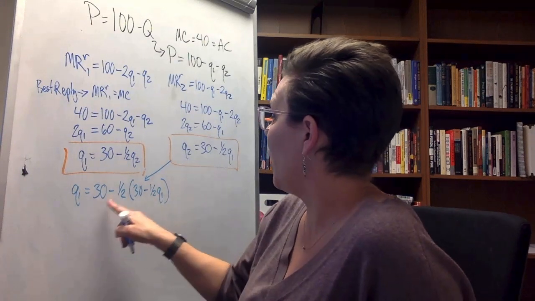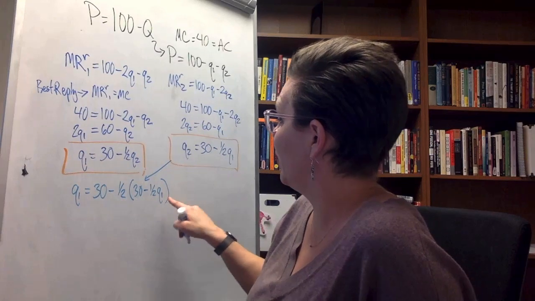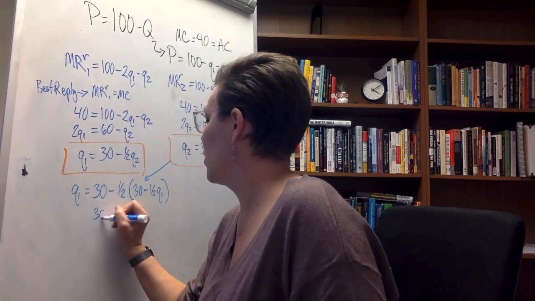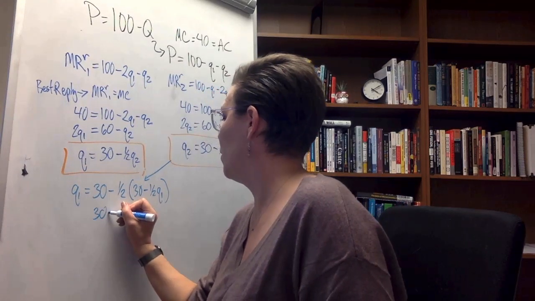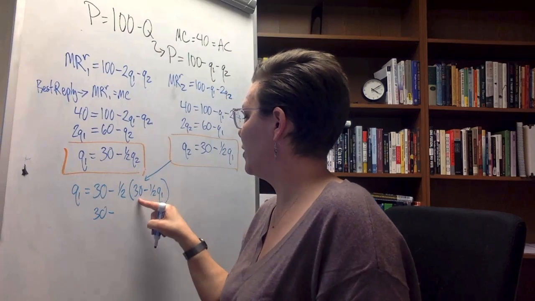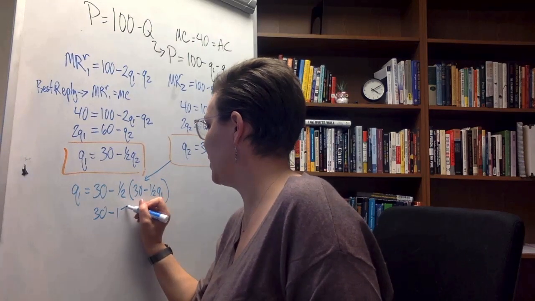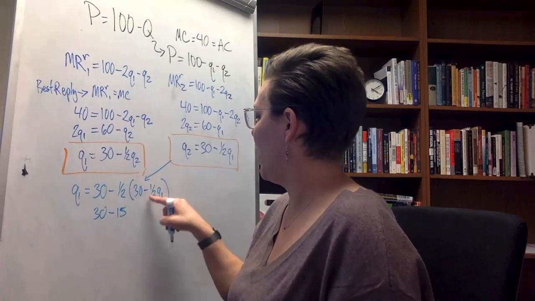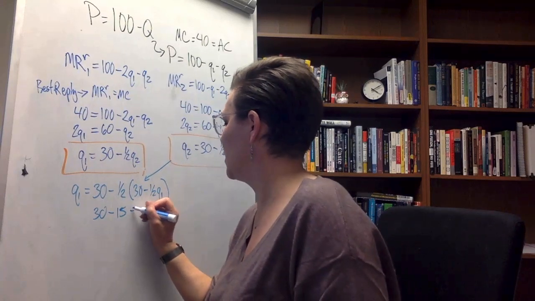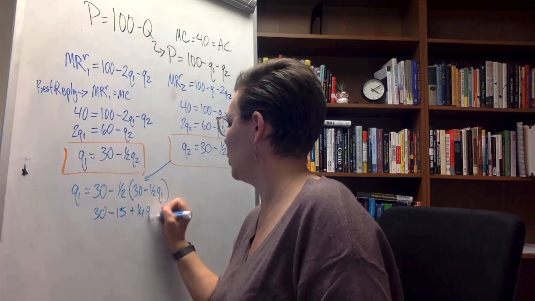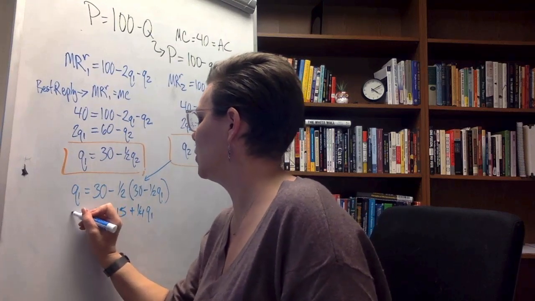So I'm going to distribute this negative 1/2 across. I'm going to get 30 minus 1/2 times 30, which is going to give us 15. Negative 1/2 times negative 1/2 is going to give us plus 1/4 Q1 equals Q1.